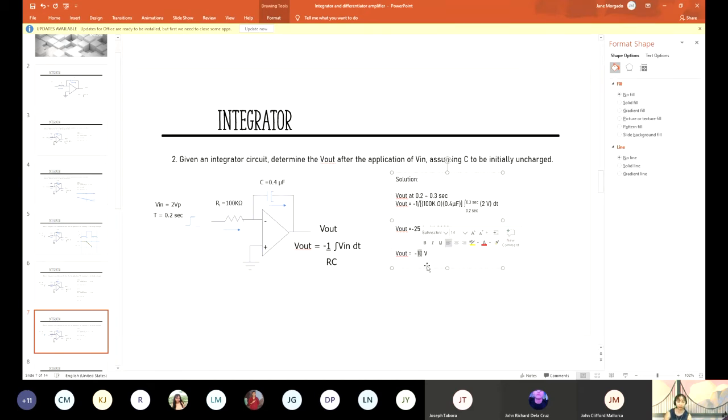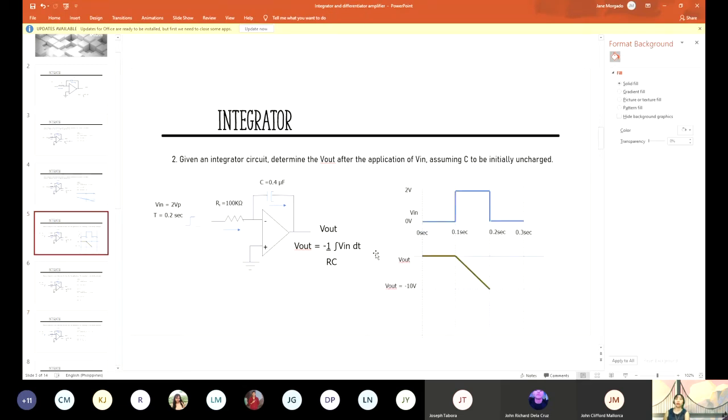But the previous output, what's the previous output? -10. But there is a previous output which is equal to -10 volts. So therefore the output is still equal to -10.